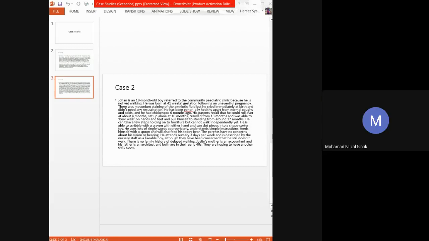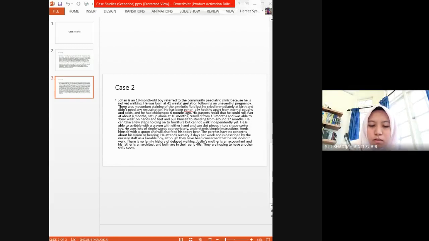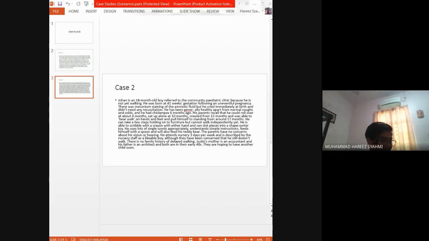Hypothyroid. Yeah, it could be one of it, because as we already learned just now, thyroid hormone is important in promoting the growth and development of the brain, right? Other than that, nutrition, any trisomy disease such as trisomy 21? So we could ask if the mother notices any dysmorphic features on the child.